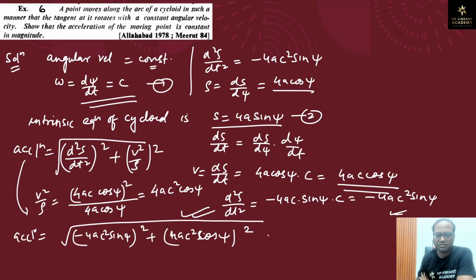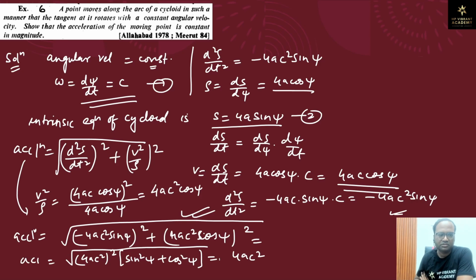So this is the square root of (4ac square) whole square into (sin square psi plus cos square psi). And sin square psi plus cos square psi is 1. So the acceleration is equal to 4ac square. Hence the acceleration of the moving point is constant in magnitude.